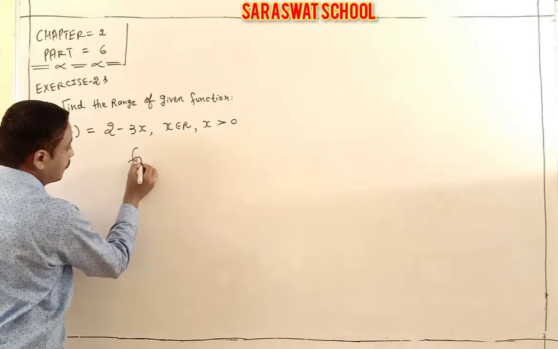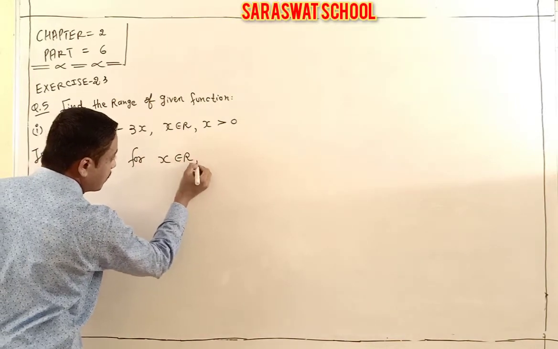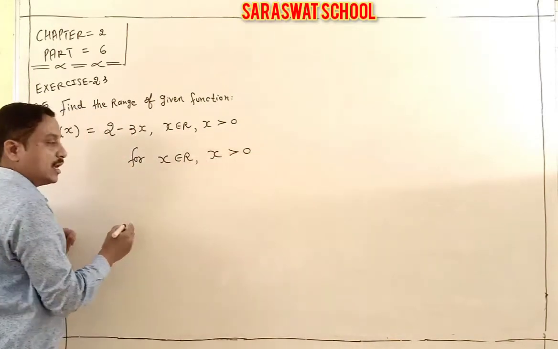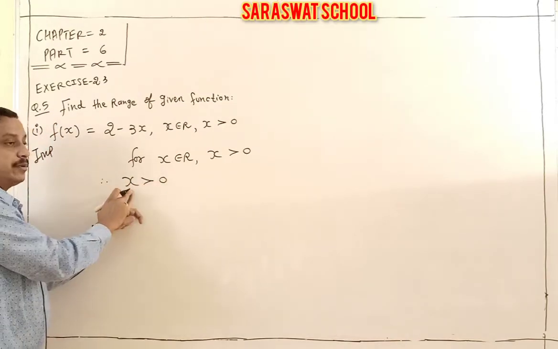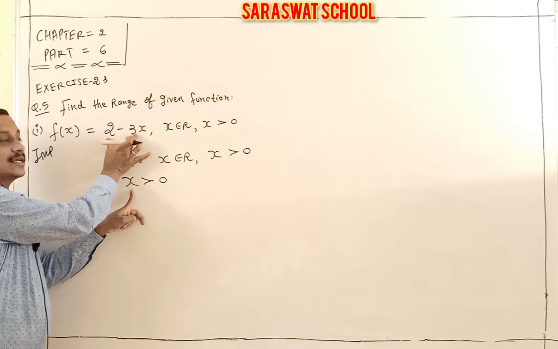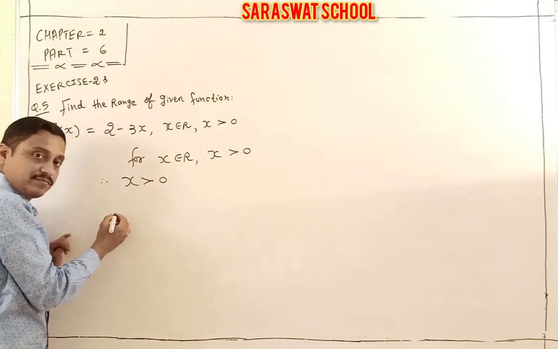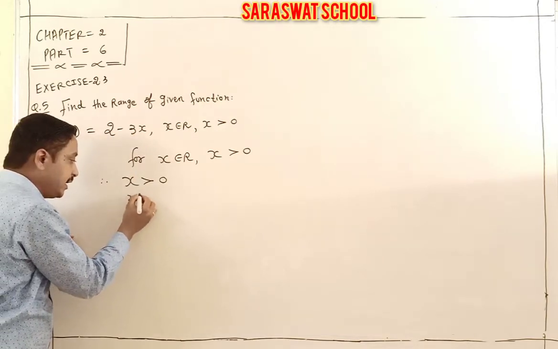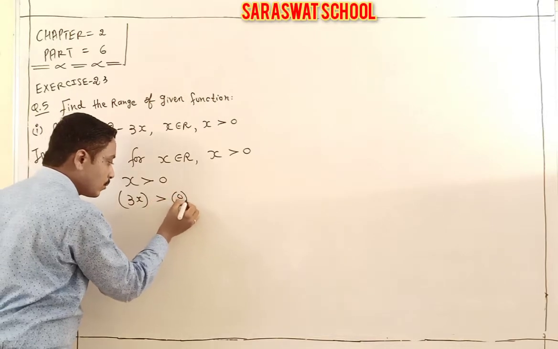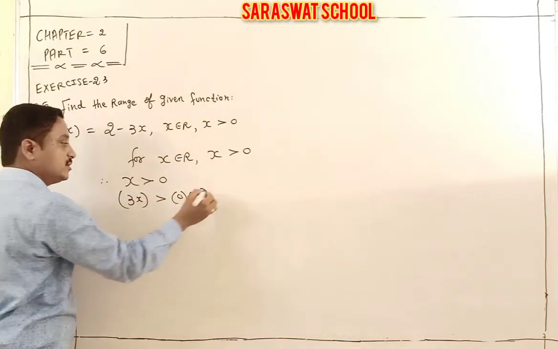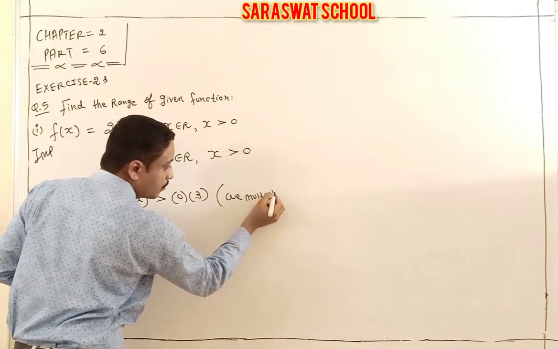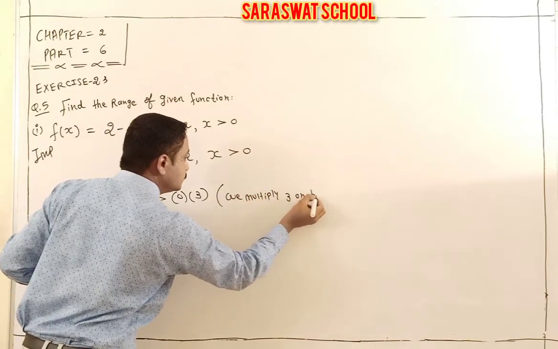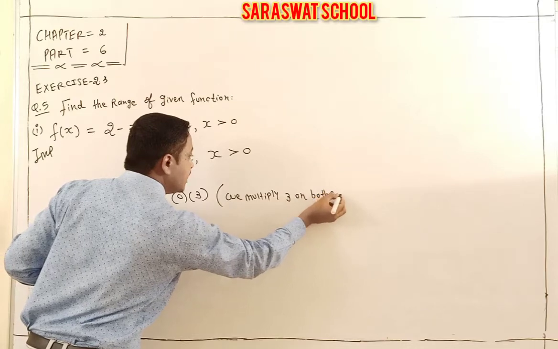For real number x belongs to R, x greater than 0, I just explained for x greater than 0. And preparing this 2 - 3x, first multiply by 3 on both sides. Here we multiply 3 on both sides.